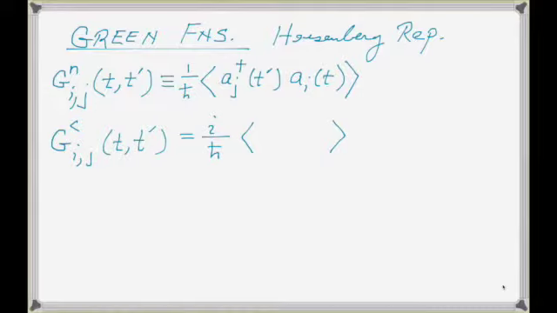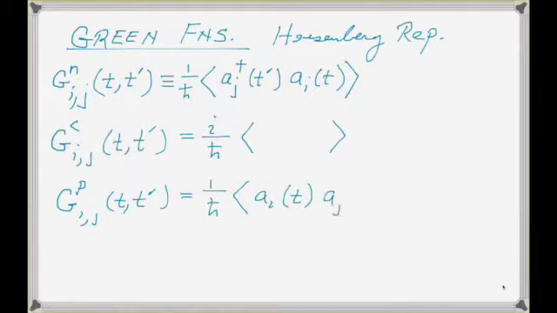What we call Gp, which gives you the hole density before, Gp_ij of t minus t prime, is 1 over H bar a_i of t a_j dagger of t prime.